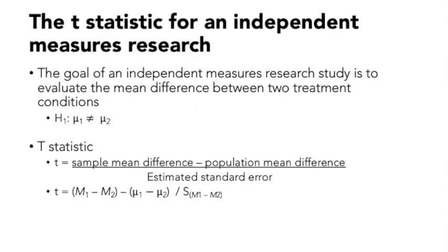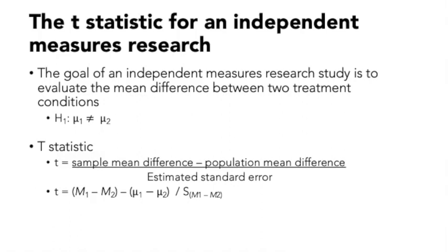Now, the first thing that we are going to learn is how to come up with the t-statistic. When you do the independent measures t-test, here I will be focusing only on the independent measures t-test, which means you need to have two separate groups to run this. This is not the dependent measures t-test or the repeated measures t-test.